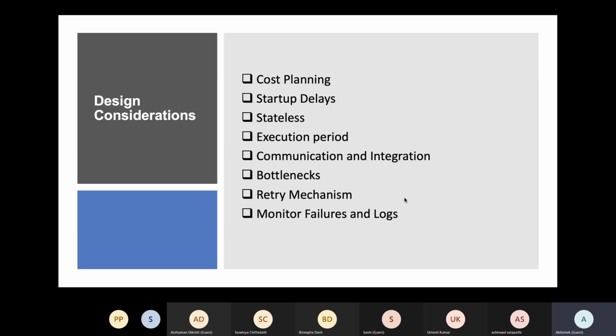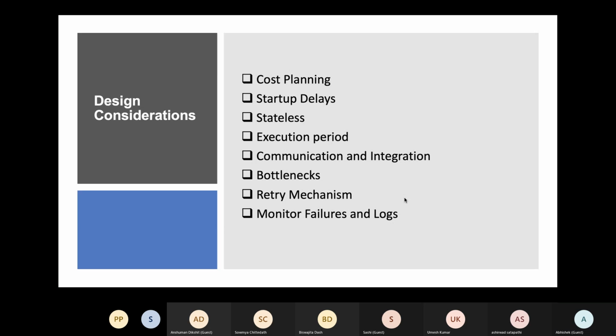You won't find your architect opening Visio and start building the blocks right from scratch, right? We have some design considerations in place that we need to take care of, correct? So every application has its own design considerations. In the same way, serverless also has its own design considerations. So what are those considerations?